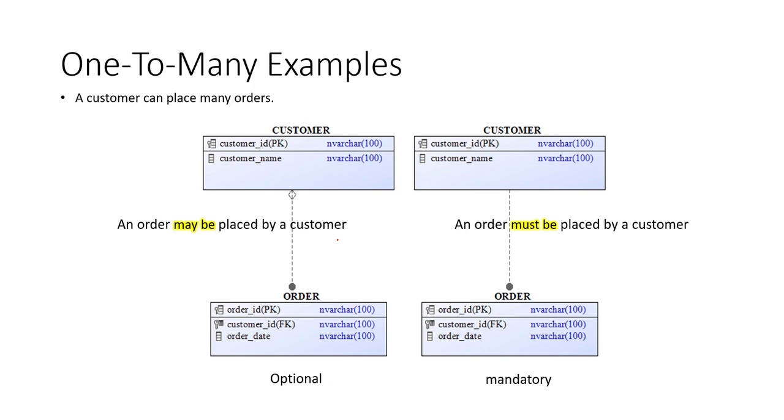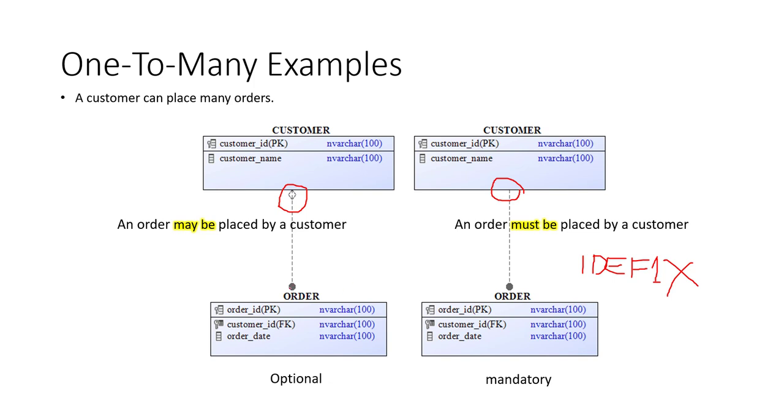The same representation in IDEF1X notation will look like this. This is IDEF1X notation. If you look here, the optional relationship is represented using a hollow diamond. The mandatory relationship is represented without a hollow diamond.